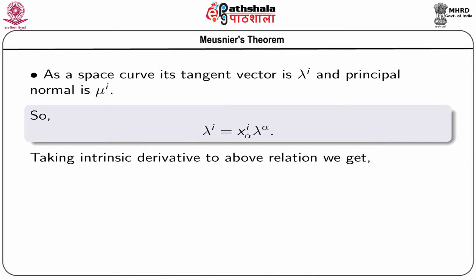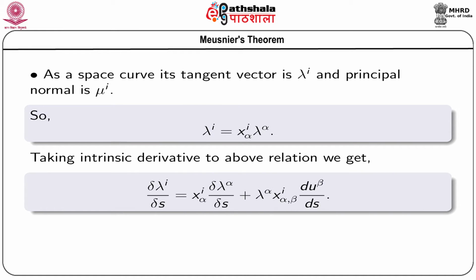Now, taking the intrinsic derivative of the above relation, we get del lambda I del s equals xi alpha del lambda alpha del s plus lambda alpha.